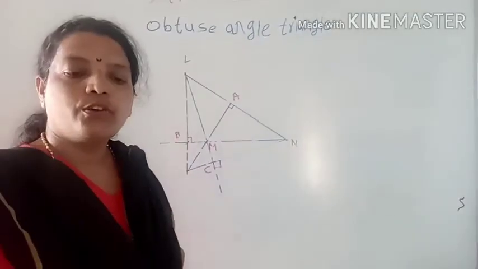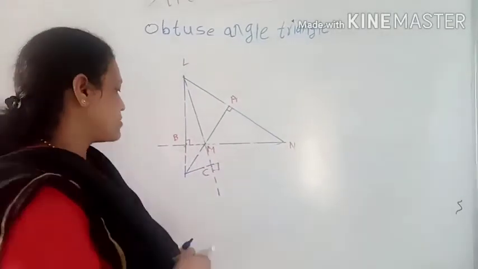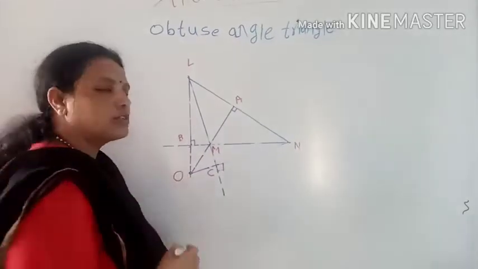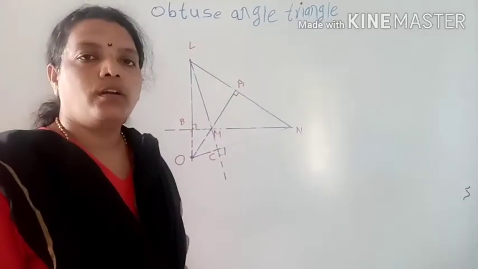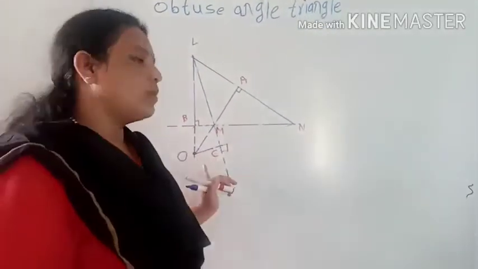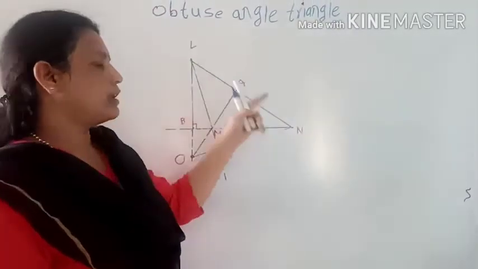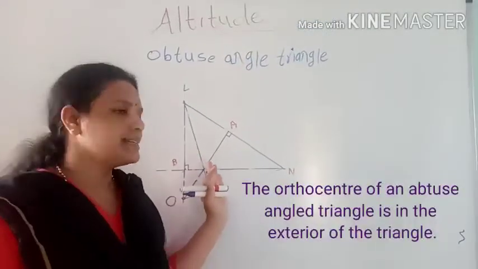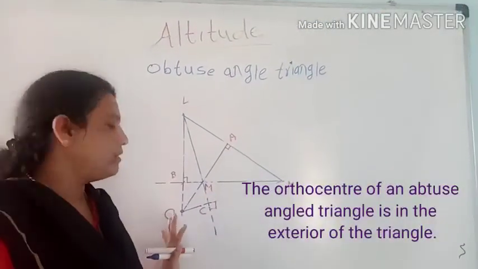Now students, if you see, we got the intersection of all altitudes. So we will give the orthocenter the name O. Now we have to give the location of the orthocenter. If you observe, the orthocenter of an obtuse angle triangle is in the exterior part of the triangle.